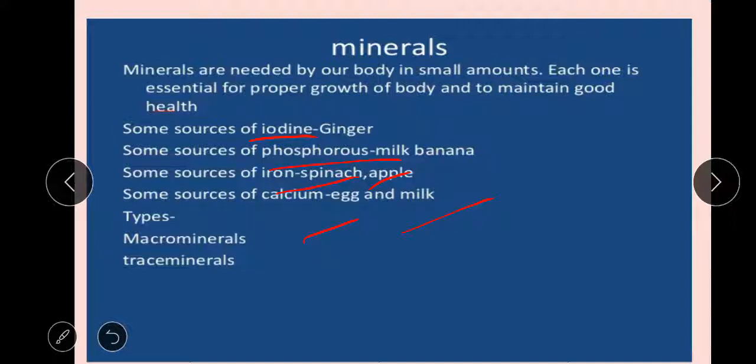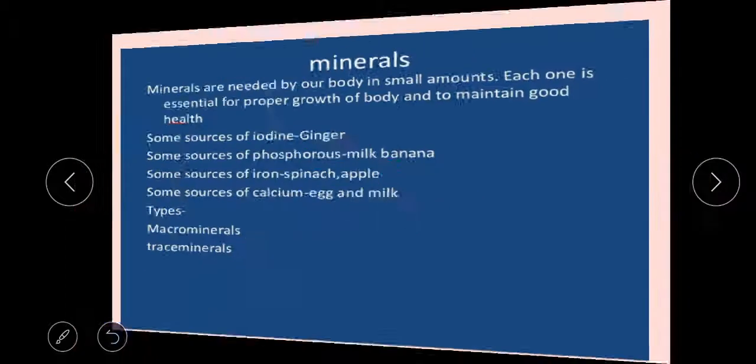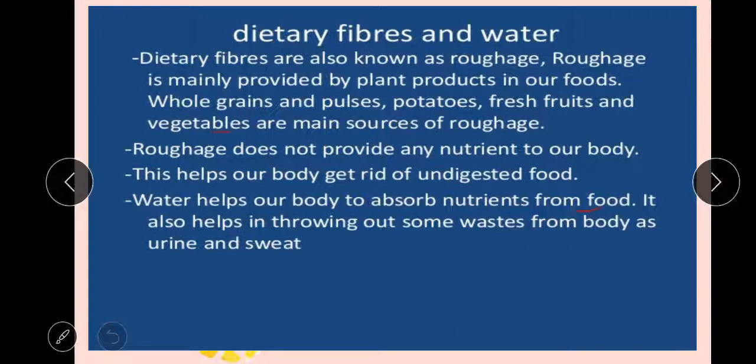Types: macro minerals and trace minerals. Now, dietary fiber and water. Dietary fibers are also known as roughage. Roughage is mainly provided by plant products.